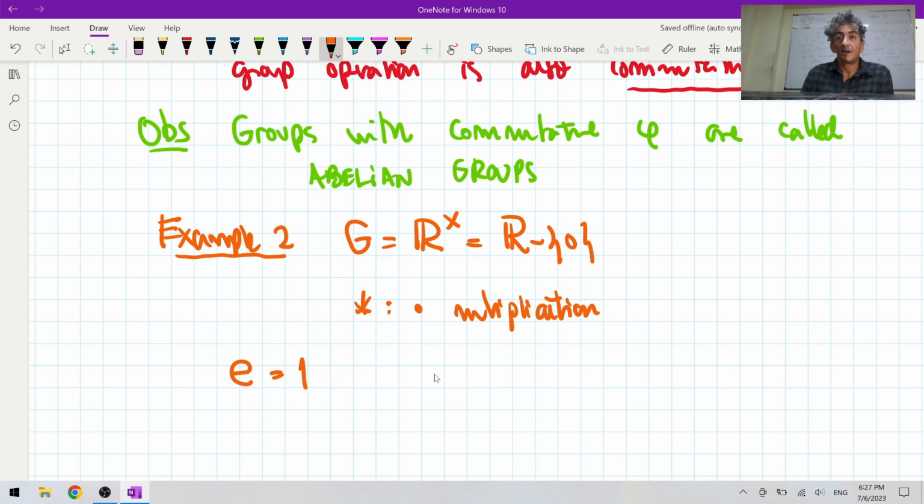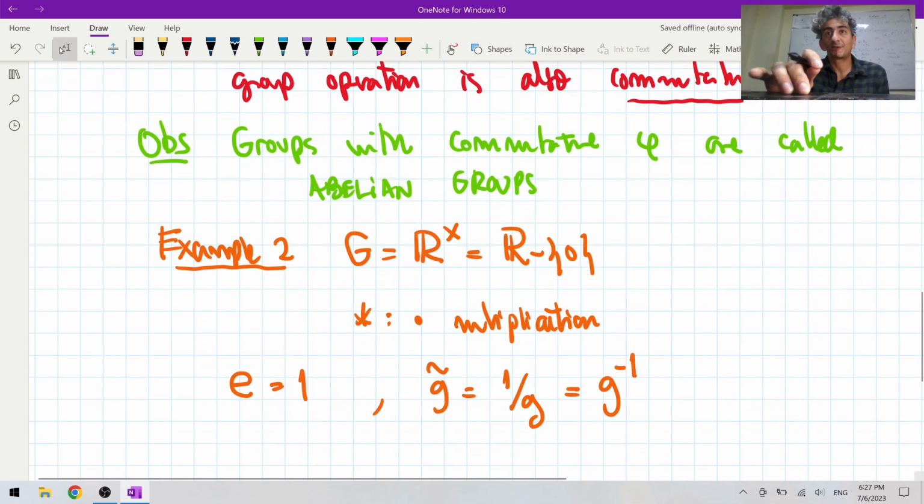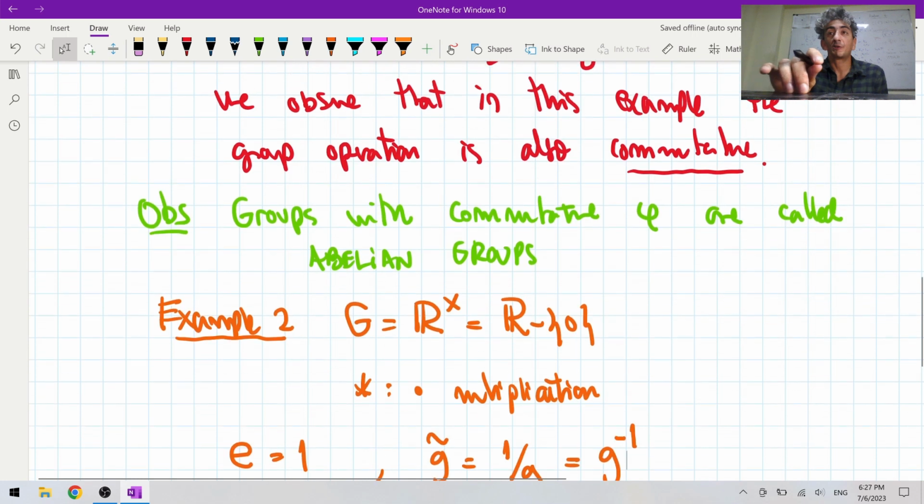And the inverse of g is simply going to be 1 over g, also noted g to the minus 1.